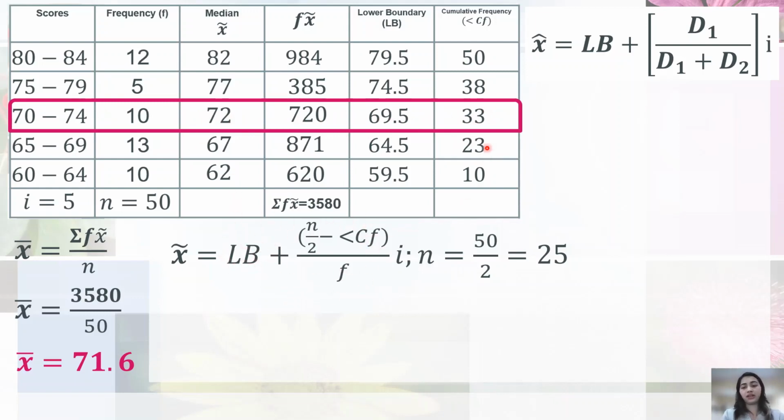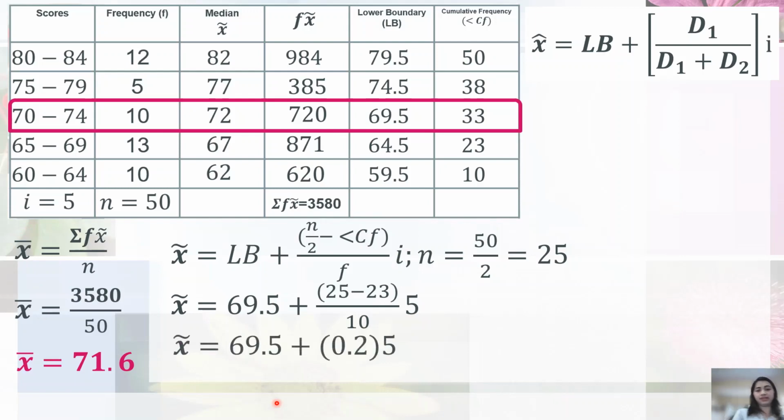So, 23. And as you see here, 10 is coming from this one, and 5 is the interval. Let's simplify this, and the median is equal to 70.5.